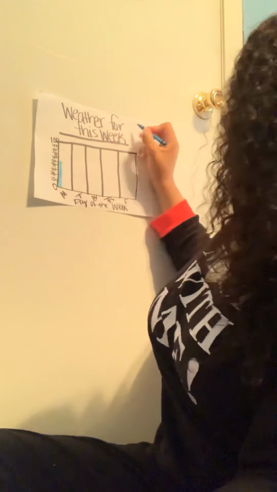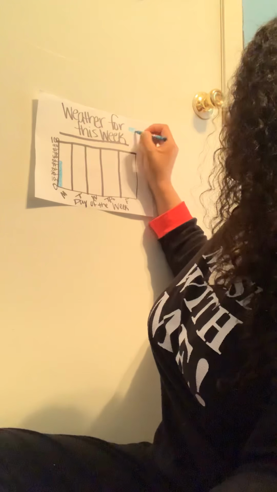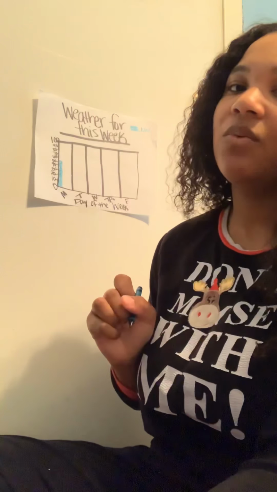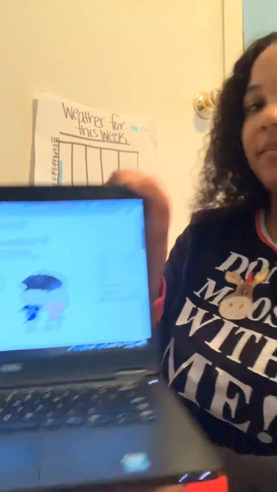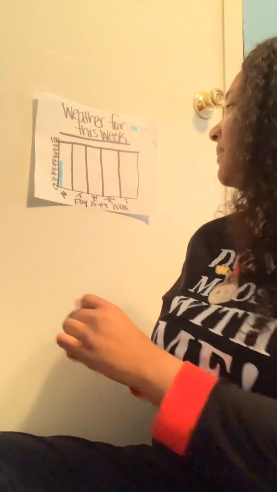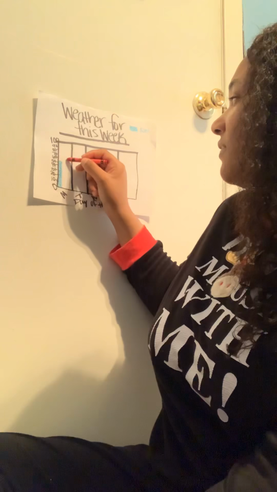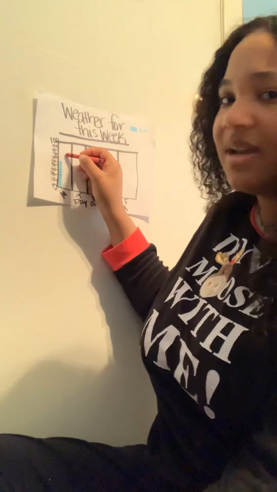Up here, I'm going to make a key. I'll make a little blue box, and I'm going to label it low, so that my readers know when they read my graph that the blue means low temperature. Now, let's check our high. Our high is 66 degrees for today. We're going to skip count. We're on Monday. 10, 20, 30, 40, 50, 60, 70. Uh-oh. Can I go to 70? Absolutely not.